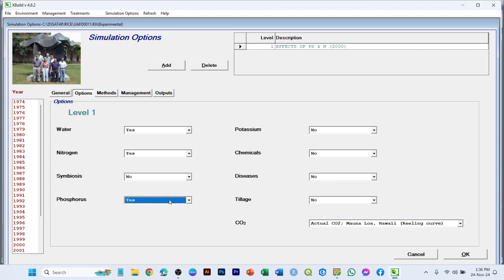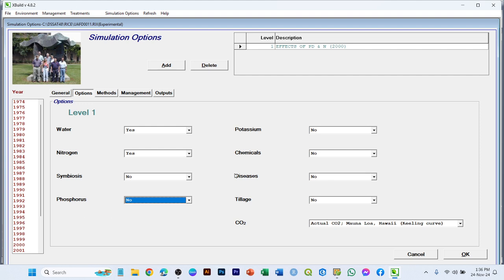If your experiment is phosphorus related, then you have to set this, because this is basically simulation. It will simulate all the options that will be included in the output file. Otherwise we are unable to have some outputs, because soil phosphorus was not able to be mentioned over there. Why? Because here the simulation is low in build.